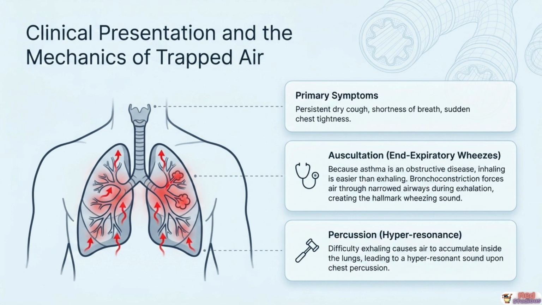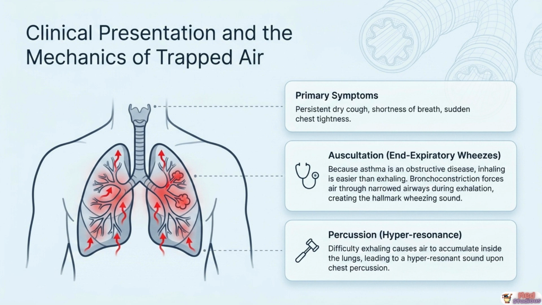Let's talk about how the asthmatic patient presents to you. The primary symptom triad you are listening for is a persistent dry cough, shortness of breath, and sudden chest tightness. These symptoms tend to be episodic and often worsen at night or in the early morning, a classic clue. Now, on physical examination, two findings are particularly characteristic.